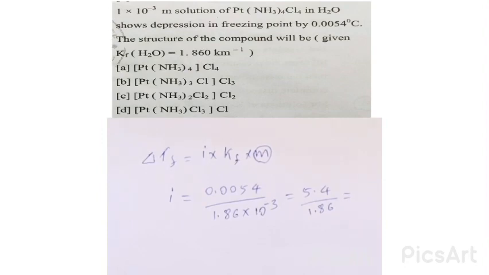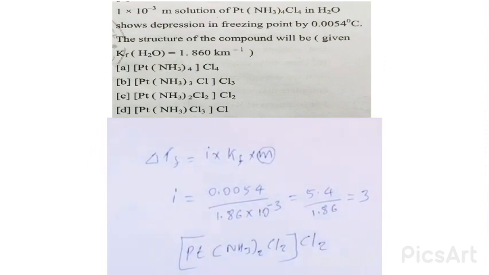That i is 3. If it is 3, we can determine that the coordination compound should dissociate to 3 ions. So our answer is Pt(NH3)2Cl2 with Cl2 outside, that is option C.